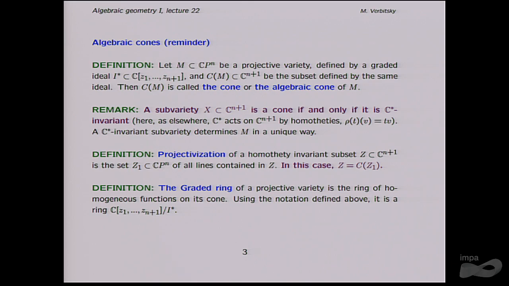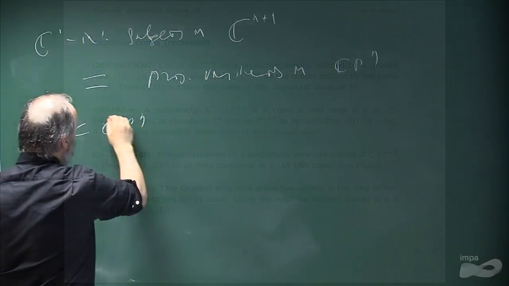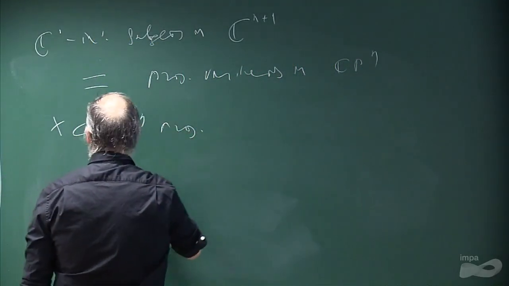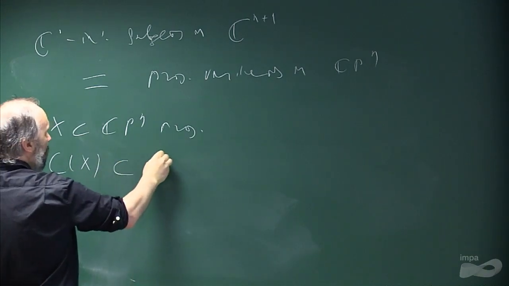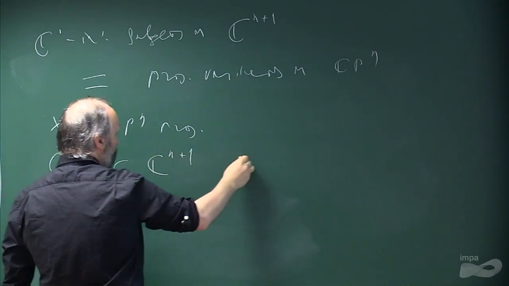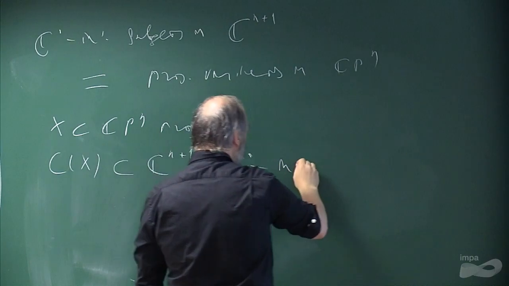So if you have X in CP^n projective, you have the cone of X in C^(n+1), which is C star invariant.